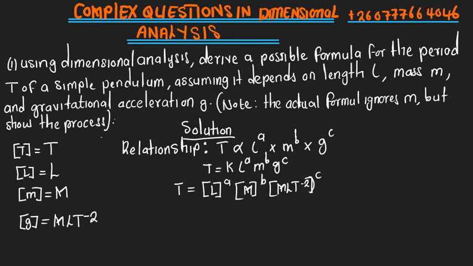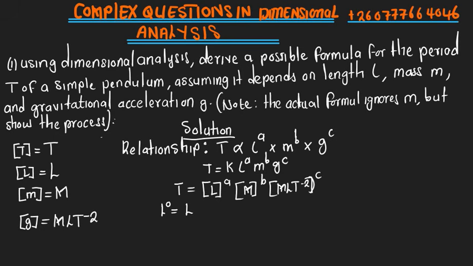We can formulate formulas. So the first formula we are going to generate, we'll start with the L. Because we do not have L on the left hand side, we shall say L to the power 0 is going to equal, because we are multiplying L on the right hand side, and if you are multiplying the same bases, you add the powers.